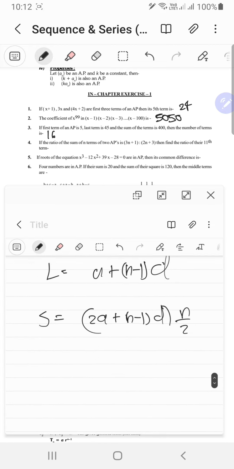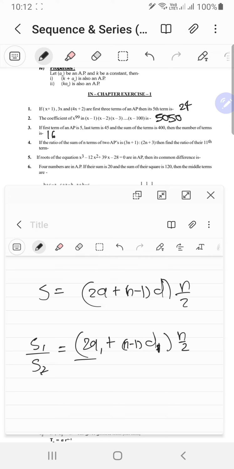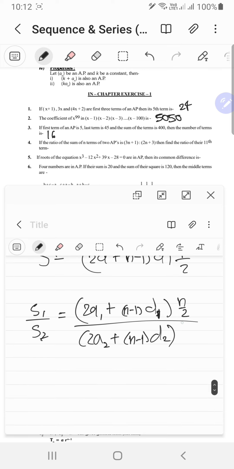Yeah, that looks right. Okay, and S1 upon S2, that's the ratio of the sums of the first and second APs. That will be (2a1 plus (n minus 1)d1) into n upon 2, and n is the same for both of them, so you don't have to worry about that, over (2a2 plus (n minus 1)d2) into n upon 2.